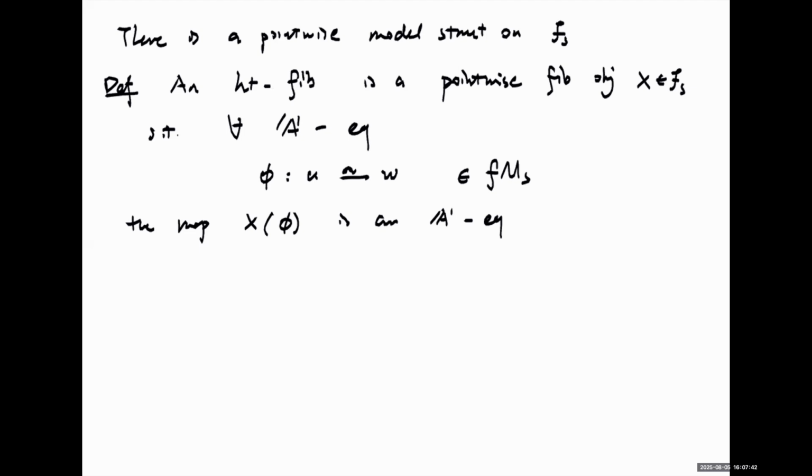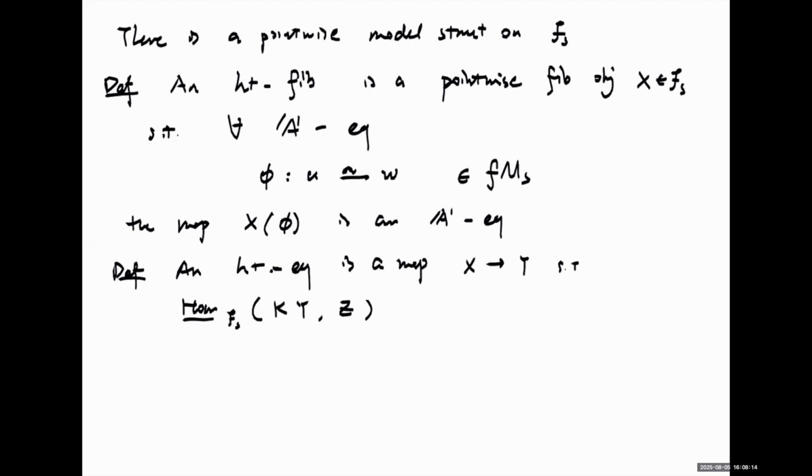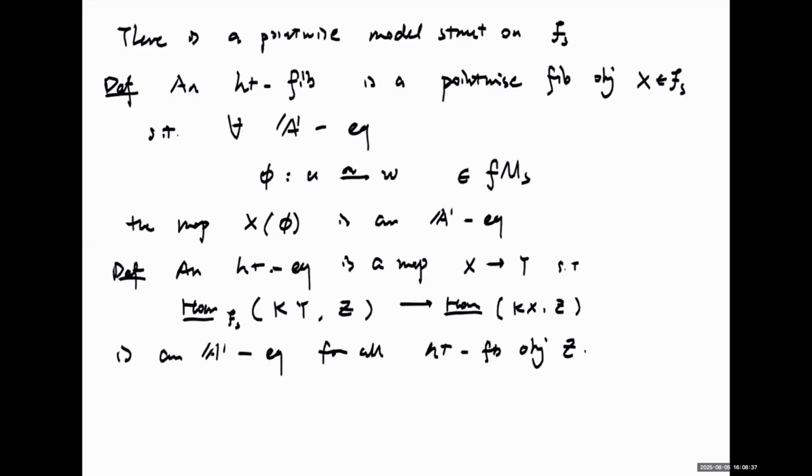And again, similarly, we have a definition, which says a height equivalence is a map from X to Y such that, again, your internal hom from KY to Z to internal hom KX to Z is an A1 equivalence for all height fibrant objects Z. This is again a similar construction.